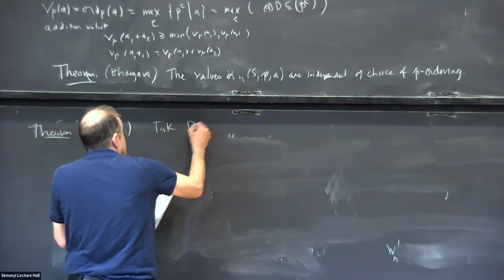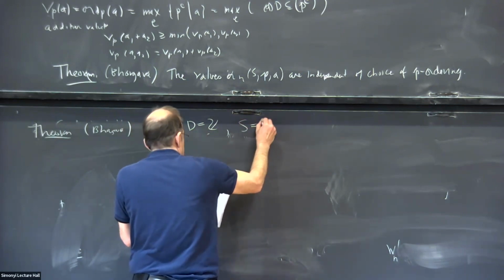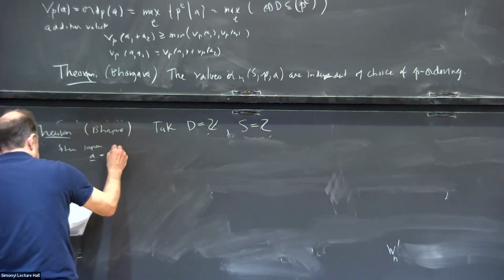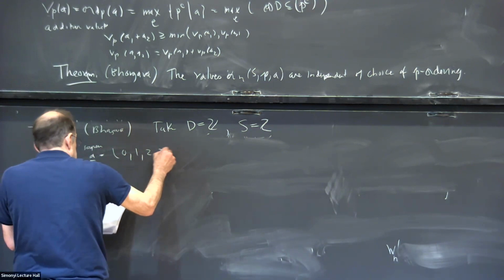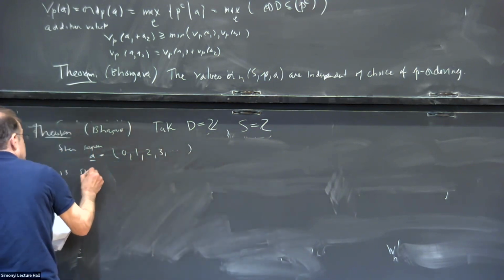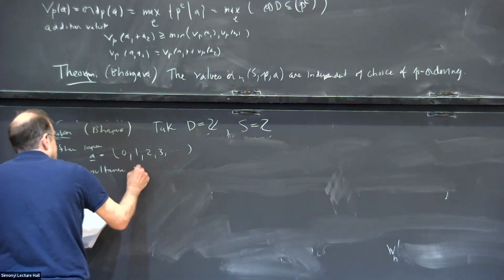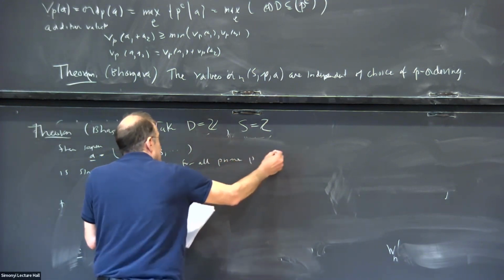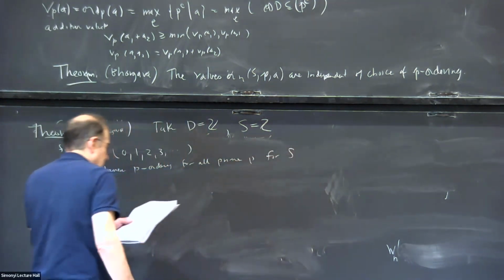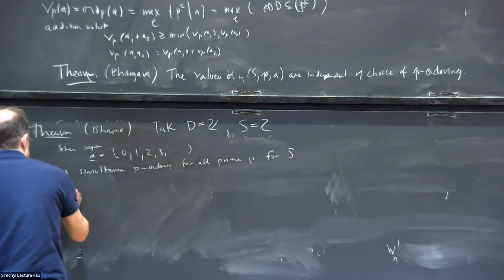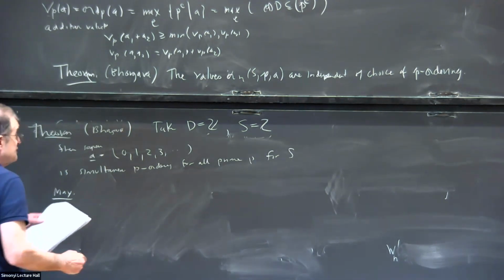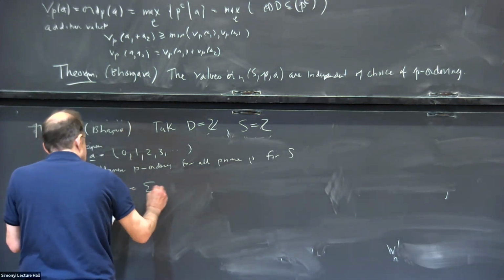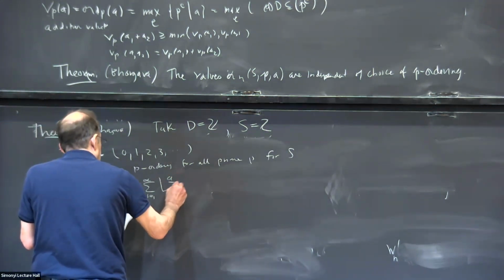If you take the ring to be Z, the integers, and you take S to be the full set of integers, then the sequence A, which is 0, 1, 2, 3, is the simultaneous P-ordering for all the primes P for the set S. You can use this P-ordering to compute the P-sequence, and the P-sequence will turn out to be a product over j equals 1 to infinity.